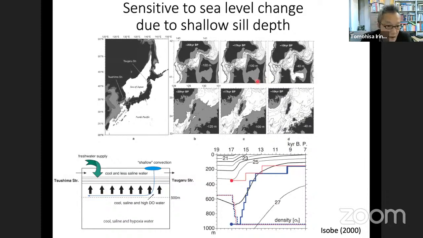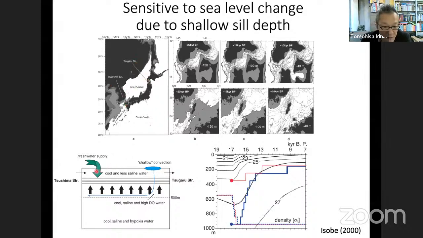In the past, especially during the glacial maximum, the nearly closed condition made the Japan Sea surface water very fresh, by the freshwater supply from the surrounding land.